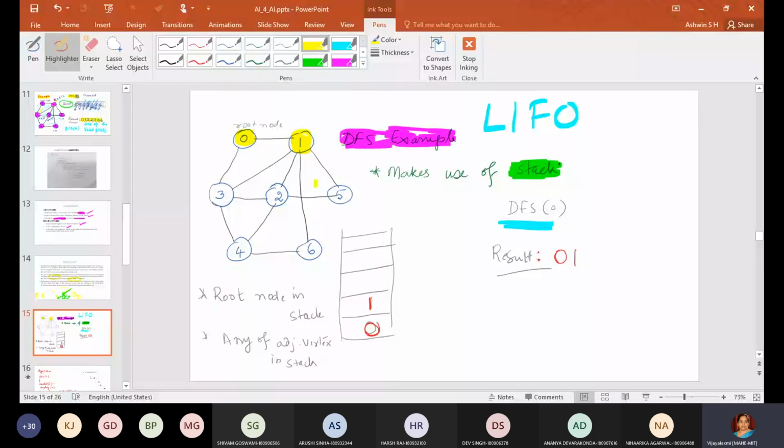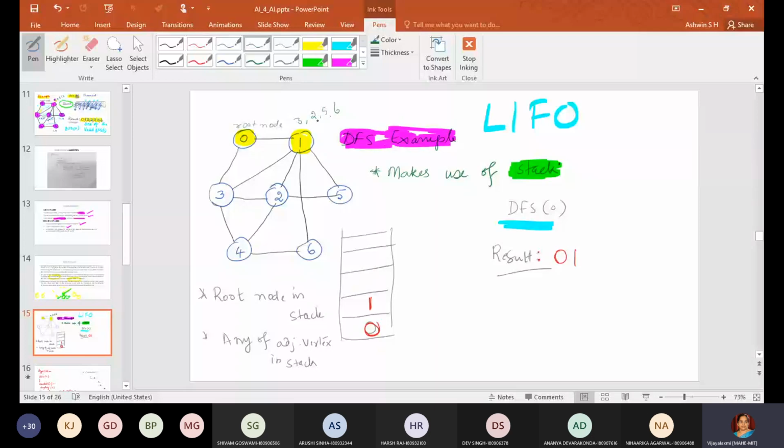Out of these, which are the unvisited adjacent vertices? For this one, I'll write here 3, 2, 5, 6. These are the unvisited adjacent vertices.